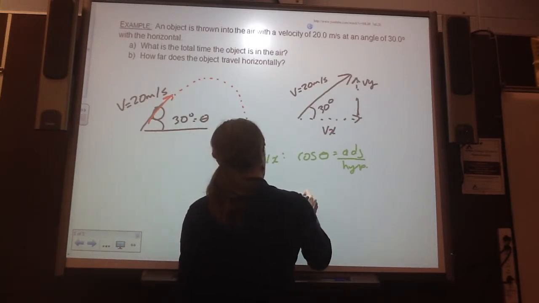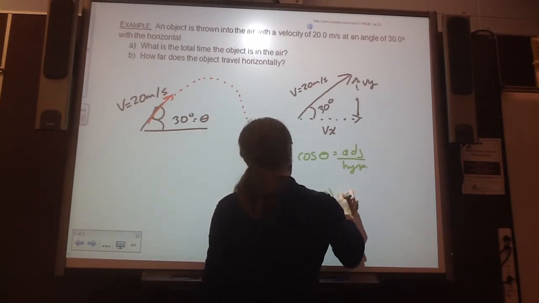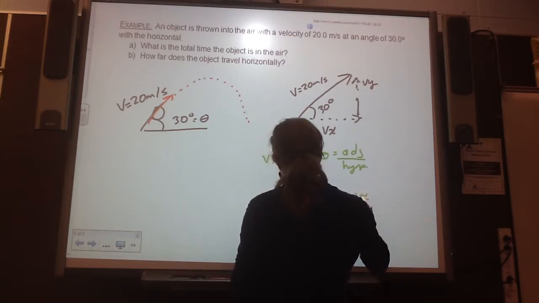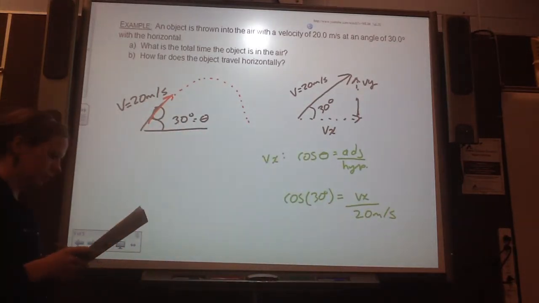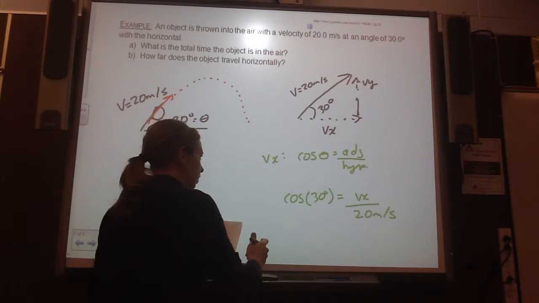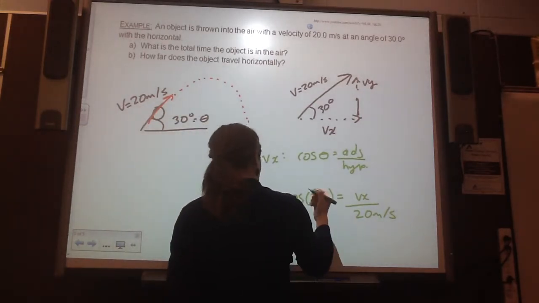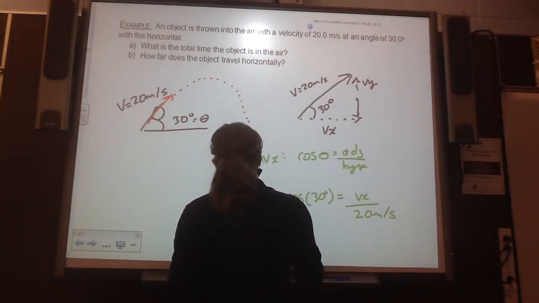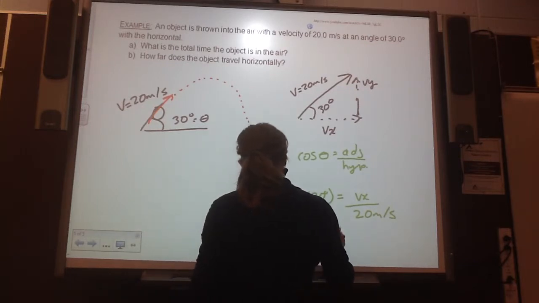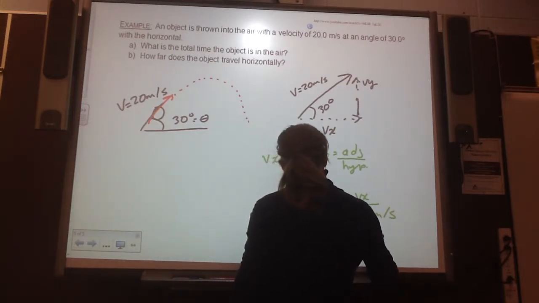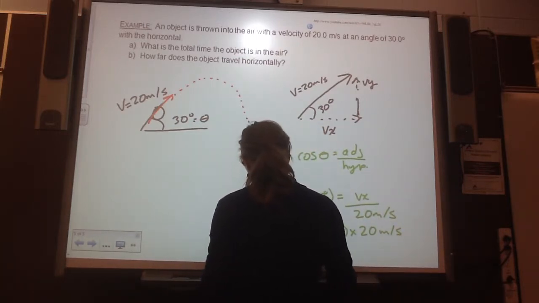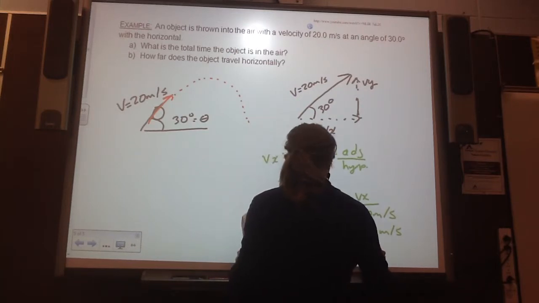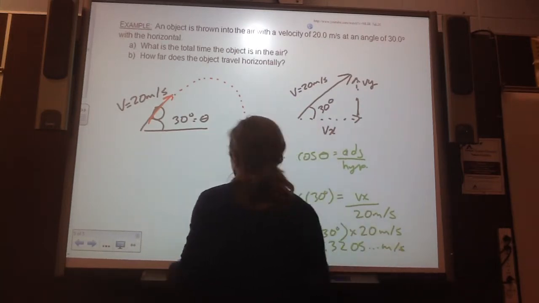So I can say cos 30 degrees is equal to Vx divided by 20 meters per second. You cross multiply, so Vx is equal to cos 30 degrees multiplied by 20 meters per second. So Vx is equal to 17.3205, etc. meters per second.